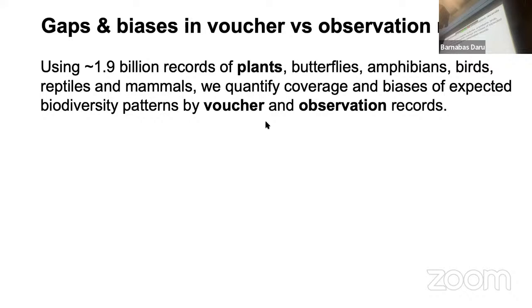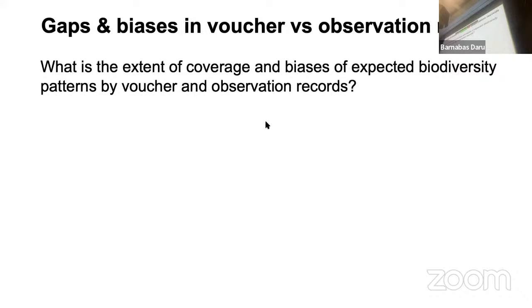But for the purpose of this talk, I'll just limit it to the coverage of vouchers and observations of plants for now. So we asked the question: to what extent is the coverage and bias of expected biodiversity captured by voucher and observation records?